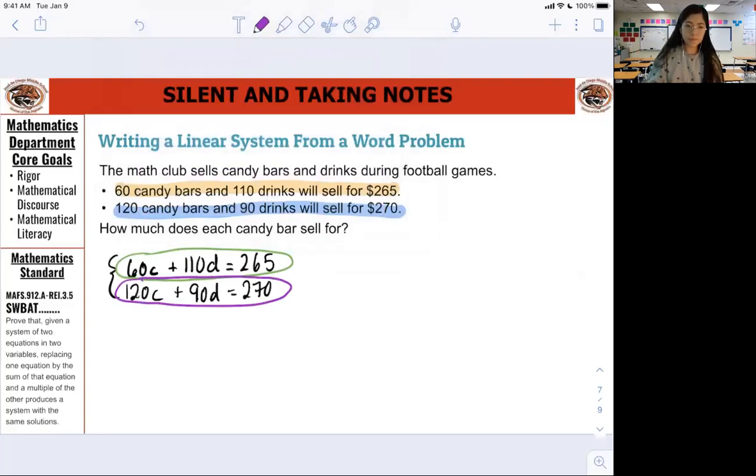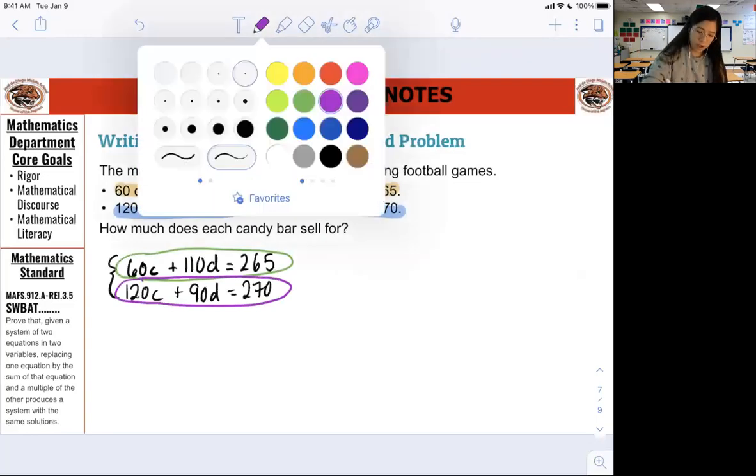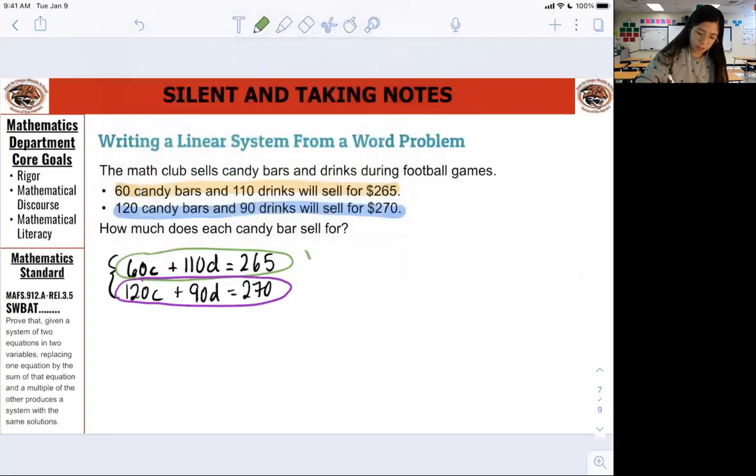You can multiply 60 by 2. This one can be times 2. However, not just 2. Negative 2. Good. Remember that we want opposites always. And the bottom one can stay the same.